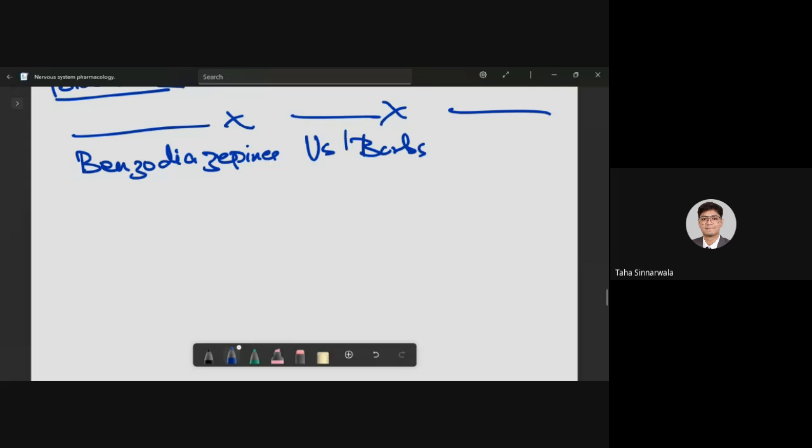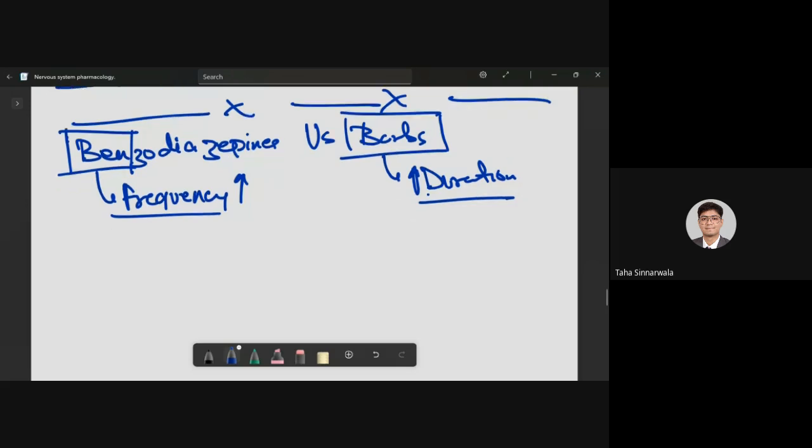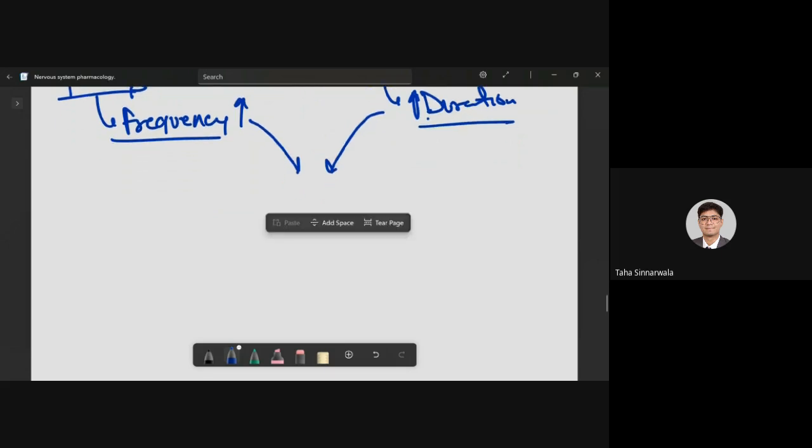The way I remember it is that barbs work on duration, but you can use any mnemonic that you remember. And benzodiazepines, or benz, work on frequency. And both of these, the frequency and the duration, are changing for the chloride channels.